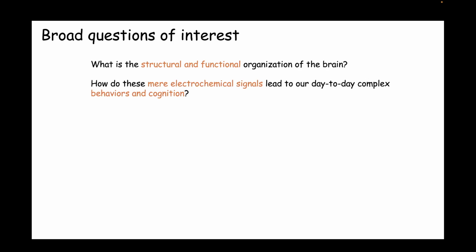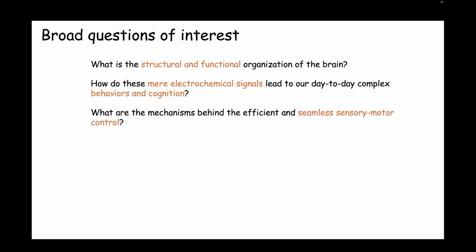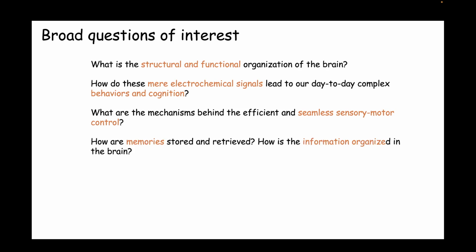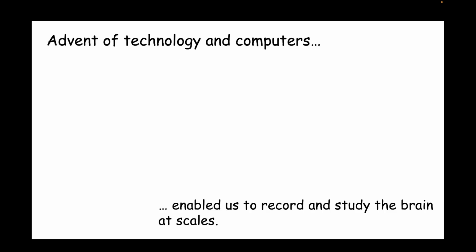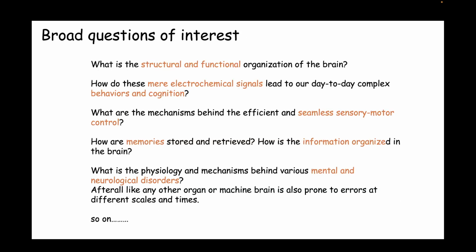How do mere electrochemical signals traveling across the brain tissue lead to our day-to-day complex behaviors and cognition? How is seamless sensory motor control implemented in the brain, and how are memories and information organized? And what is the physiology and mechanisms behind various mental and neurological disorders?